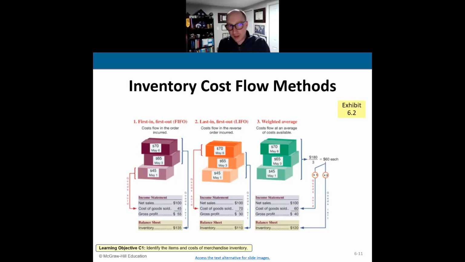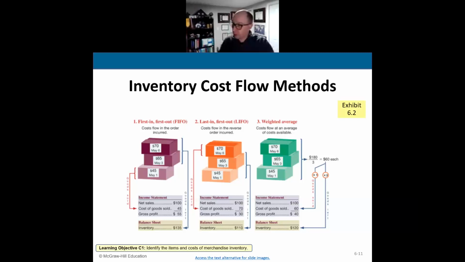In this case, I made 3 purchases: $45 May 1, $65 May 3, $70 May 6. I add them all up and I get 180. I divide by the 3 purchases. That gives me a weighted average of 60.